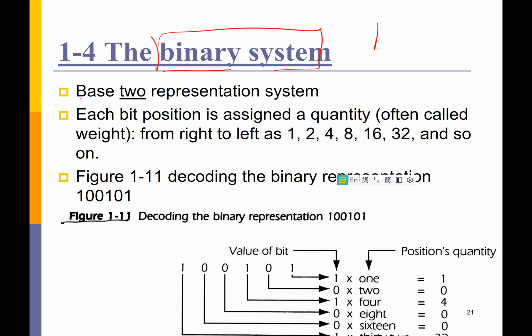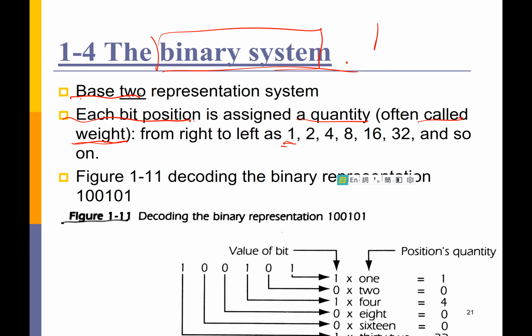The binary system, which we have mentioned previously, so we will just go over it very quickly. A base 2 system assigns a quantity, called a weight, to each bit position. From right to left, the weight increases exponentially.